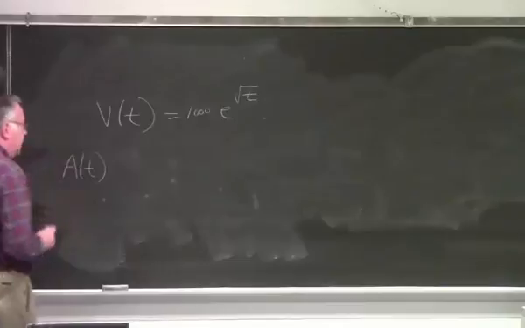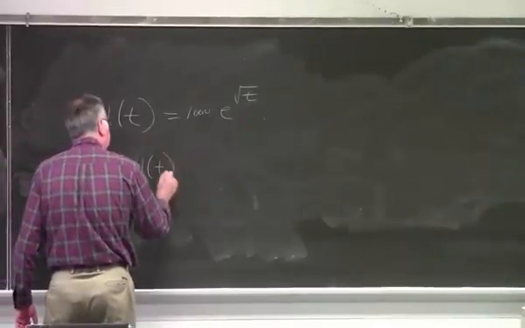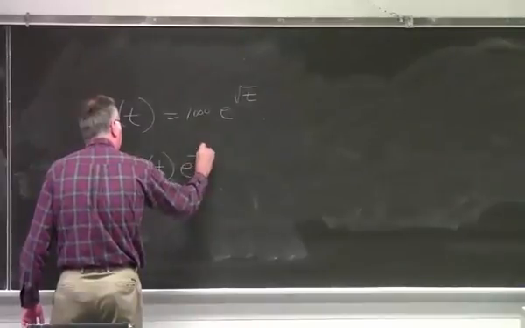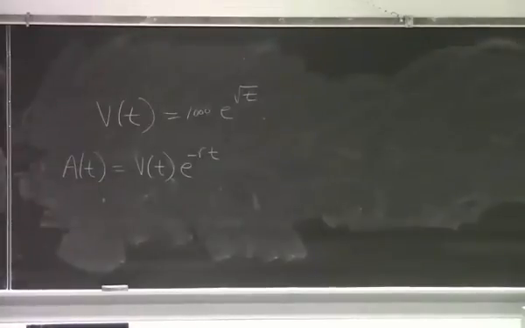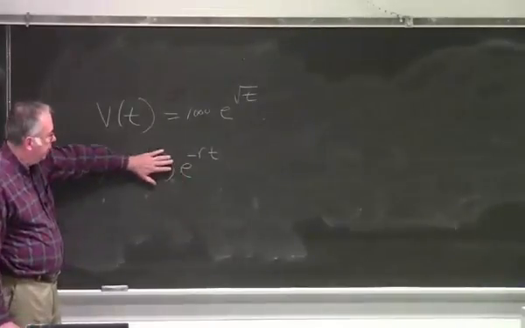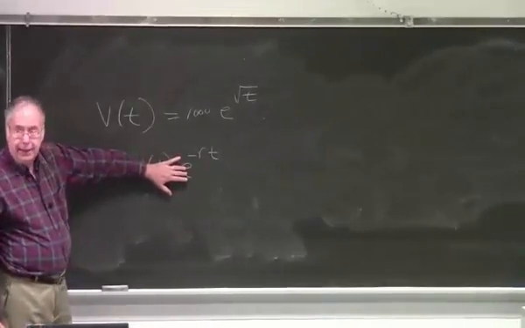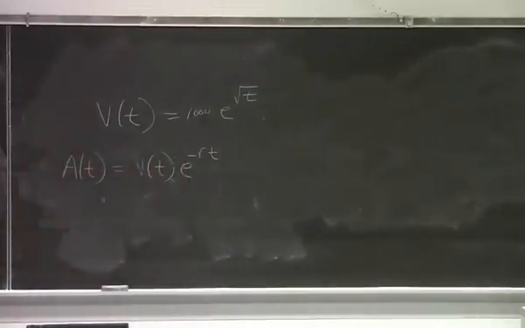A of t equals V of t times e to the minus rt, where r is the continuously compounded interest rate. And what we want to do is find a value of t that maximizes the present value. To get the present value, you've got to multiply the future value by e to the minus rt. So we just plug in.